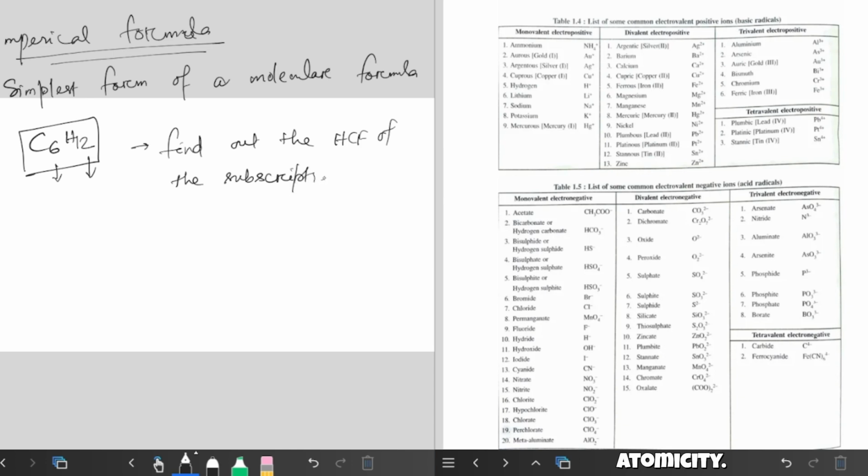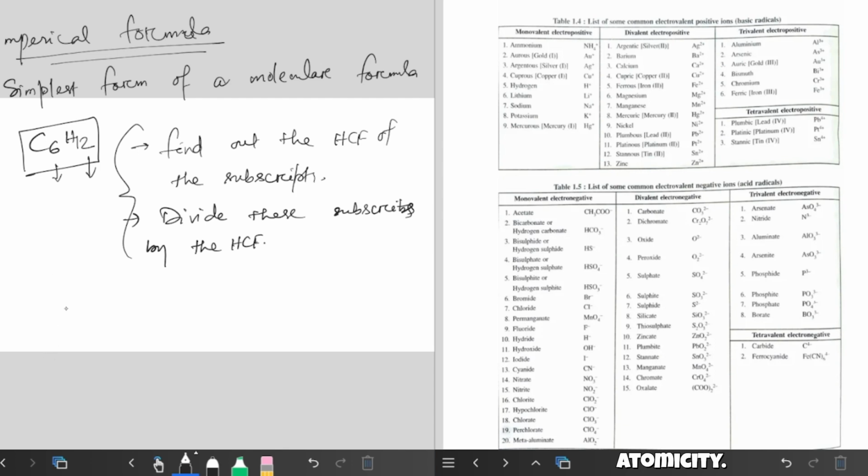Then divide these subscripts by the HCF. Okay, so these two steps are to find out the empirical formula of a substance.